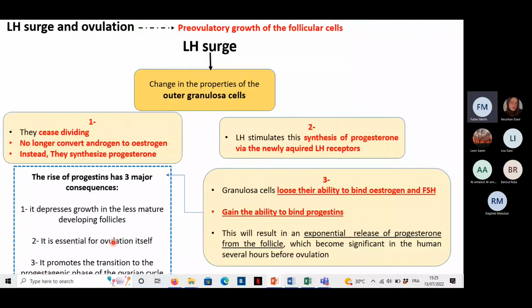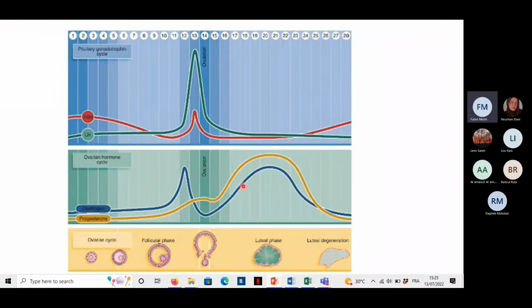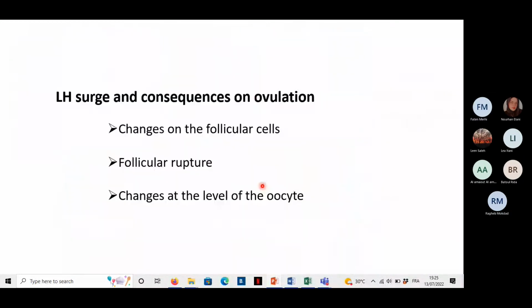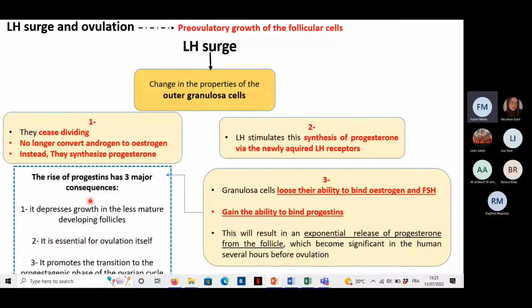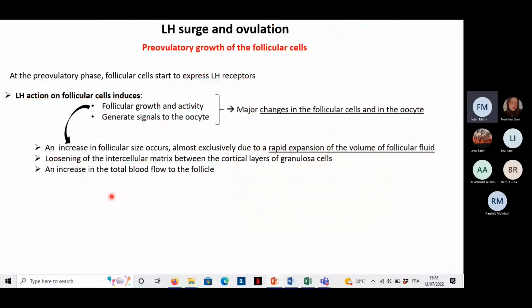In fact, the progestagenic phase is the luteal phase. So it prepares the transition to this luteal phase, where we have a dominance of progesterone. So those are the three major consequences of the progesterone produced by the granulosa cells as a consequence of the LH surge.